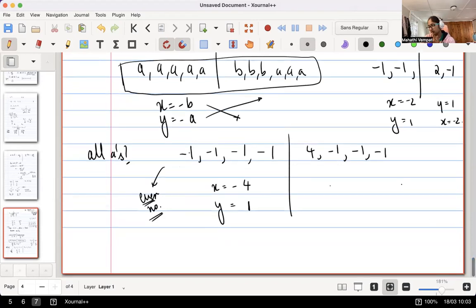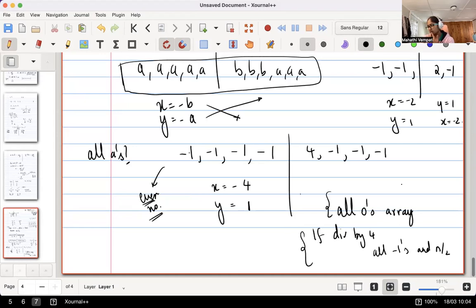You test the all zeros array, and in case it's divisible by 4, you test the all minus ones and n by 2 array. You just test these two, and whichever is smaller you output.